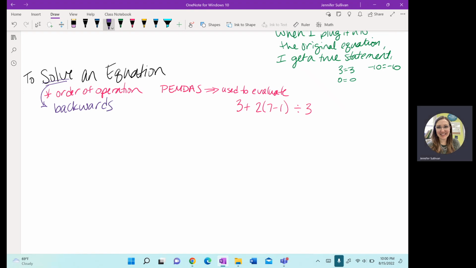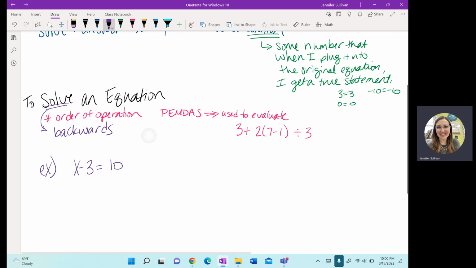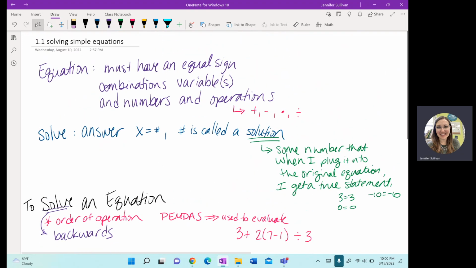So what I mean by that is if I see an equation that says x minus 3 equals 10, the first thing that I'm going to do in order to get x by itself, I say that up there. If I'm solving, I want an x equals, so that might be something helpful.